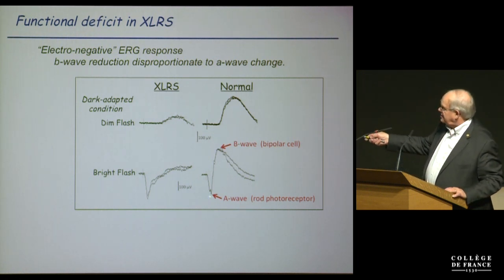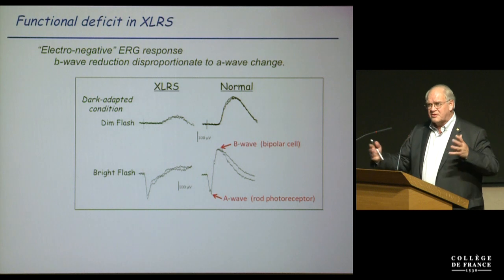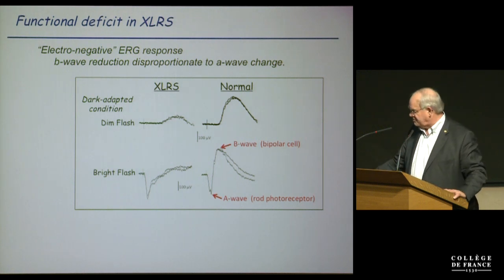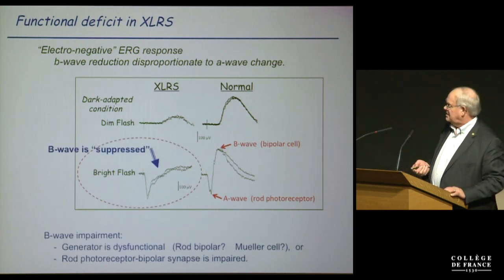And so encapsulated here, one is looking at photoreceptors and bipolar cells talking to each other. And characteristic of this disease, retinoschisis, is an absence or a relative absence of the B wave.